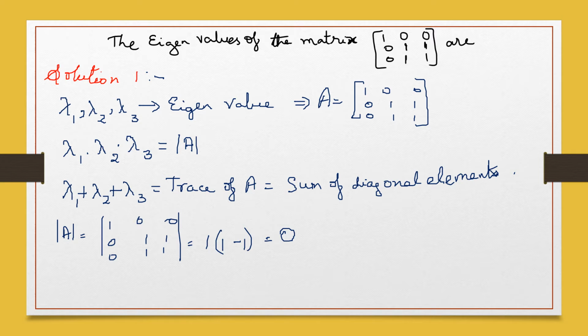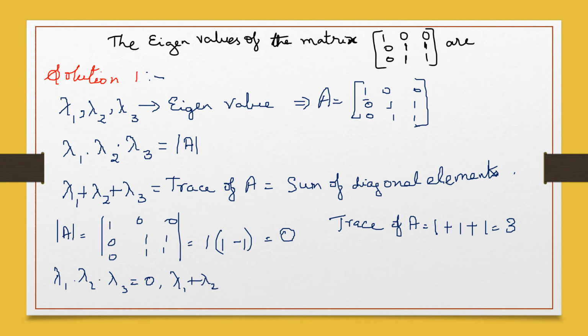Now if I find the trace of A, the sum of the diagonal, that is 1 plus 1 plus 1. So the trace of the matrix is 3. So lambda 1 into lambda 2 into lambda 3 is 0, while lambda 1 plus lambda 2 plus lambda 3 is 3.